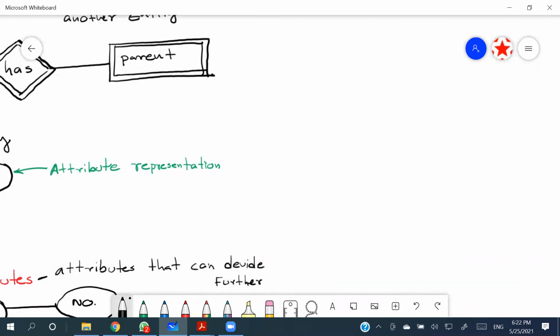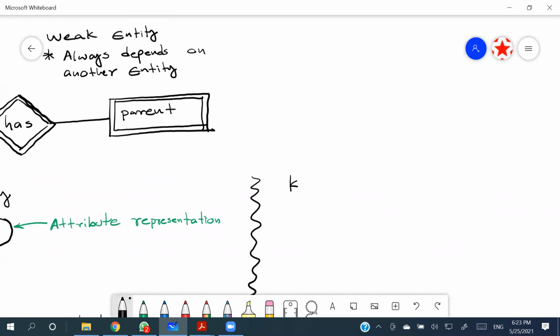A key attribute is an attribute which we can choose to identify an instance of an entity uniquely. For example, at school you have an index number. In an ER diagram, the index number is the key attribute, because the index number is what uniquely identifies a student.